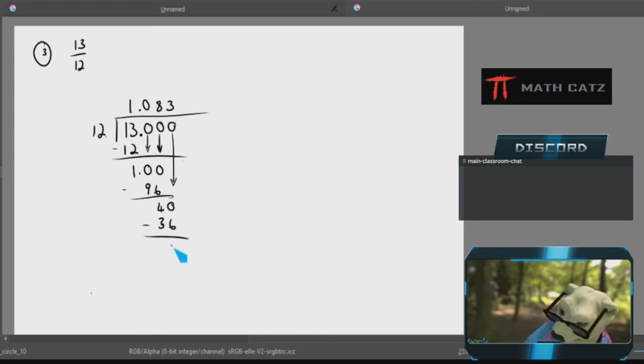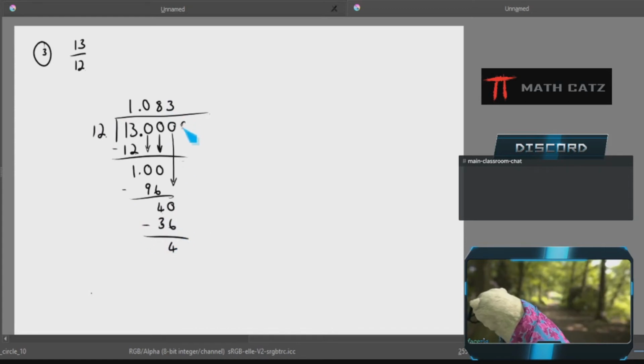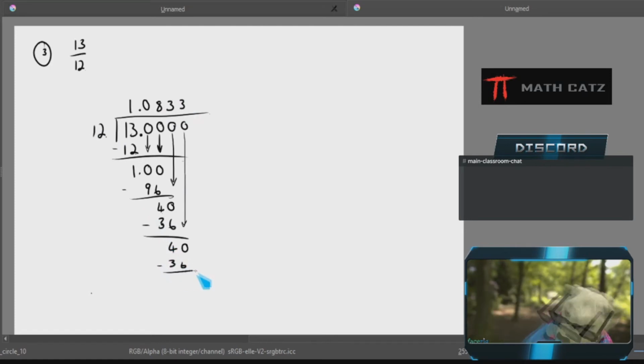And then I have 4 left. Still not 0. Bring down another 0. 40 again. 12 goes into 40 3 times. And then I start to see, ooh, wait a minute. There's my repetition. Every time I get the same remainder, I'm going to get stuck in a loop.